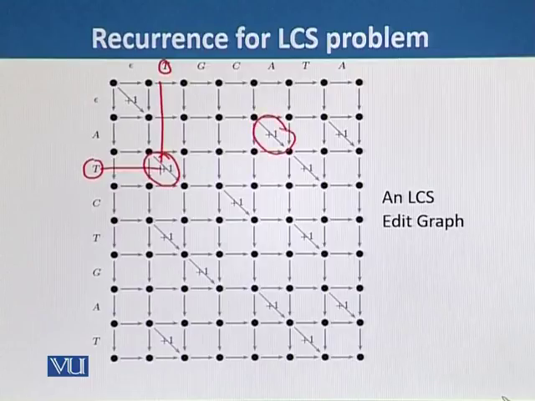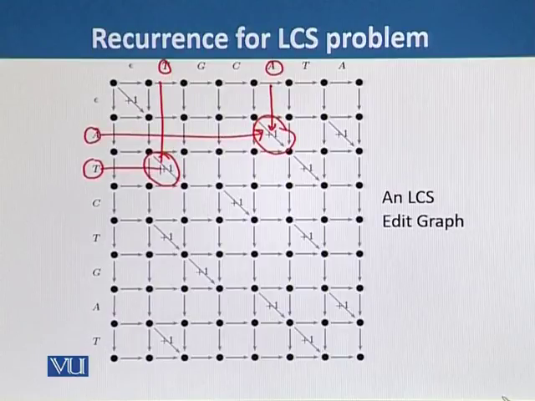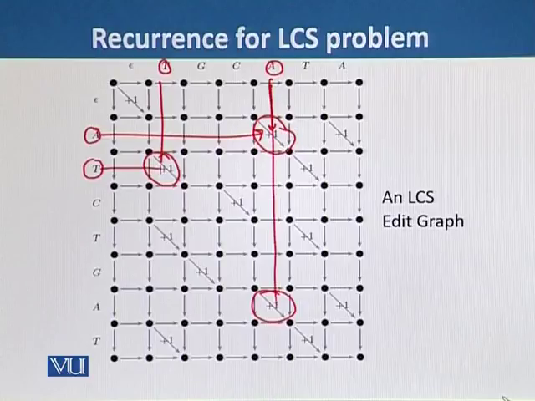If we consider this diagonal, at both positions A is present. So we consider only those diagonals that are identical, and we only retain these diagonals.